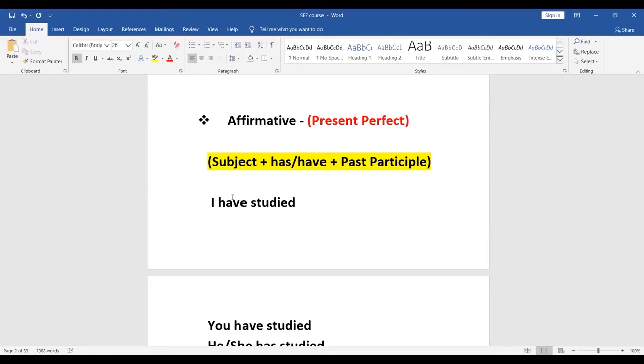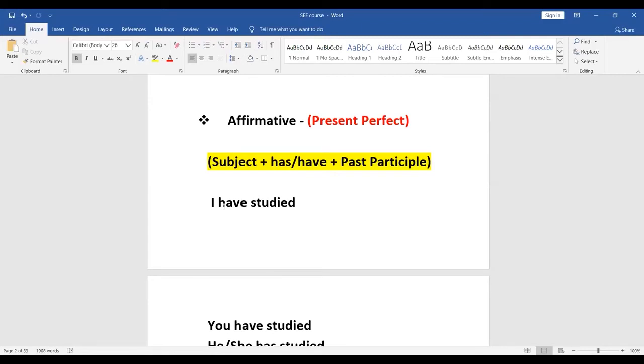For now, just know it as, if you see the word study, S-T-U-D-Y, this is the root verb, the mother verb. So studied, past tense, with ed, is the past participle of the word study. So with the subject I, the word is have. You can't say I has, which is grammatically wrong.